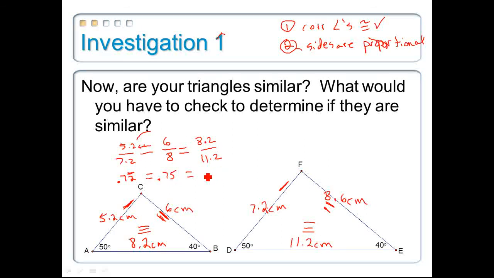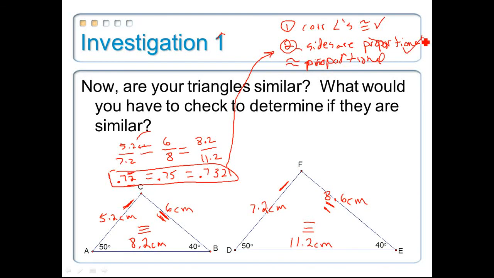So I'll check this one. 8.2 divided by 11.2 is 0.7321, and then more decimals. What we're seeing is these aren't perfectly similar, but they're very close to similar. So I'm going to say up here, okay, it's approximately similar, or approximately proportional.